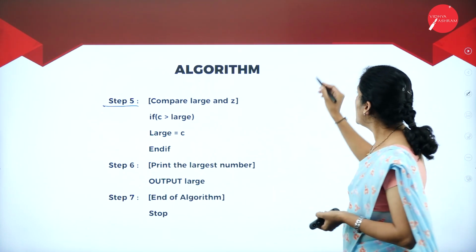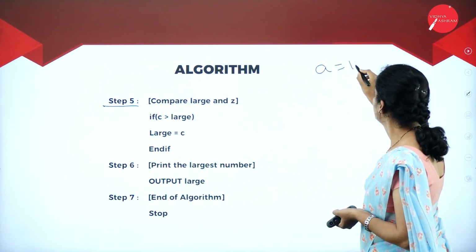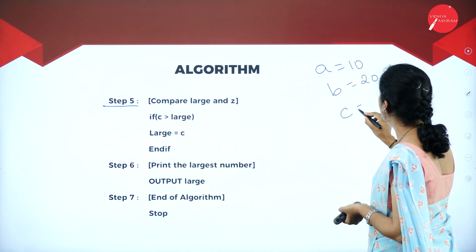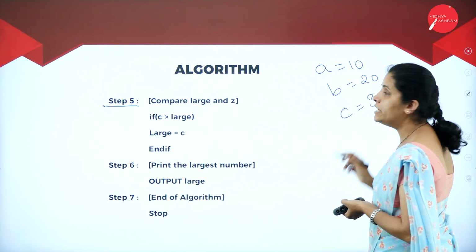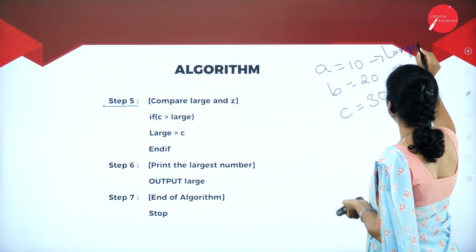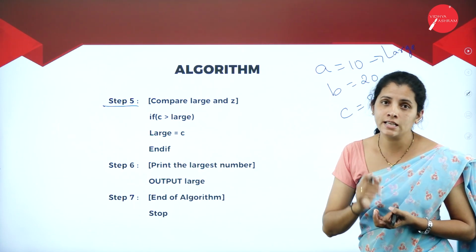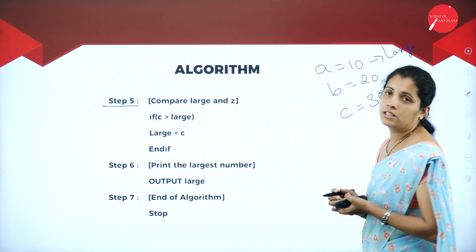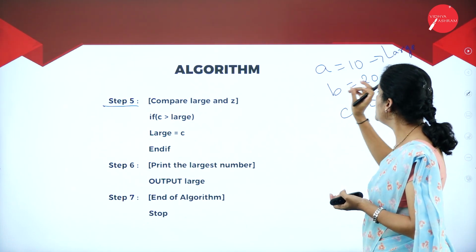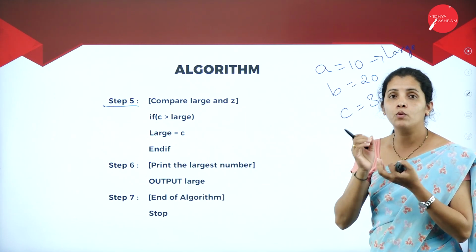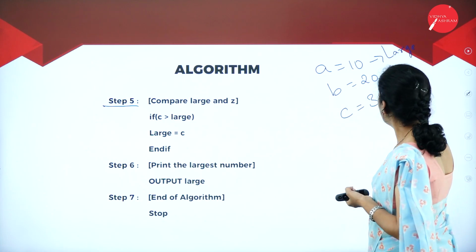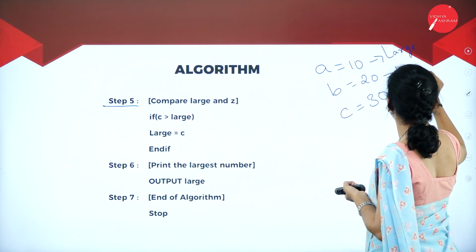Here I know A equal to 10, B equal to 20 and C equal to 30. Initially large equal to 10. After my first comparison, large value equal to 20. That means whatever the B value is, I'm going to assign it to large. So here large equal 20.